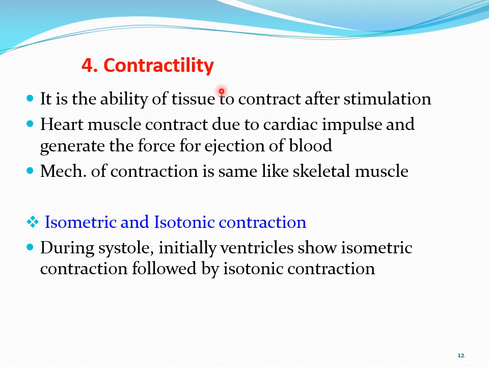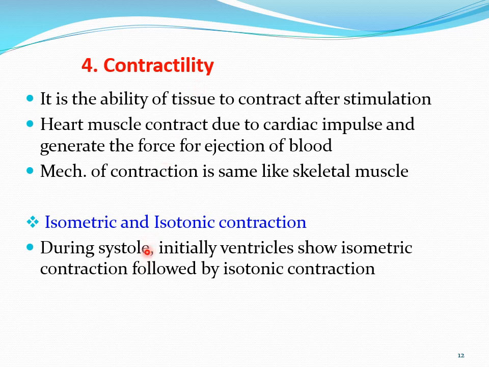The mechanism of contraction of the heart is the same as the skeletal muscle. Here we are not going into detail on the mechanism of contraction, because the way skeletal muscle contracts, the same way cardiac muscle contracts.